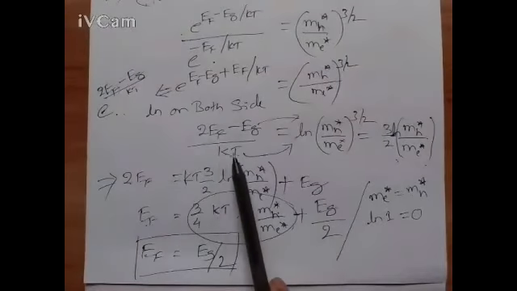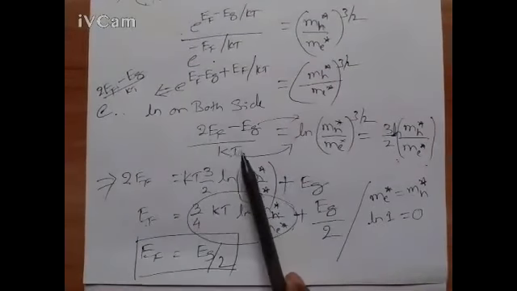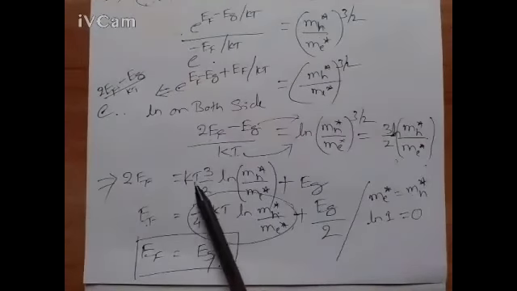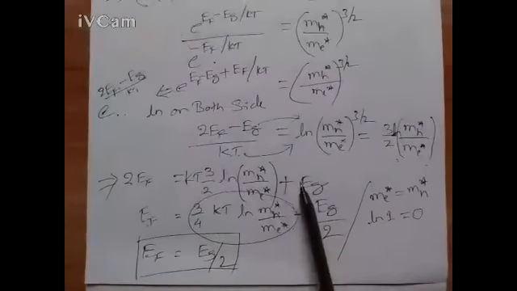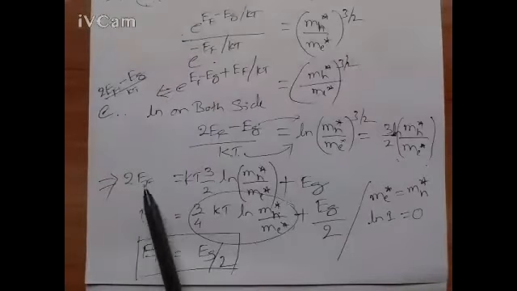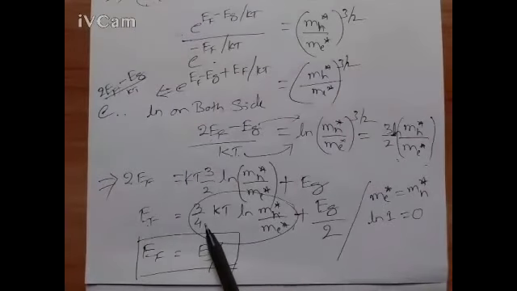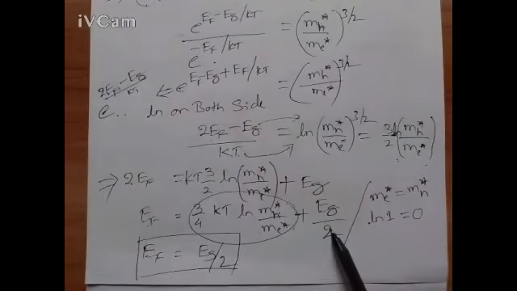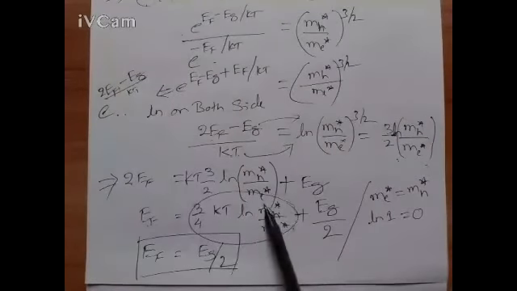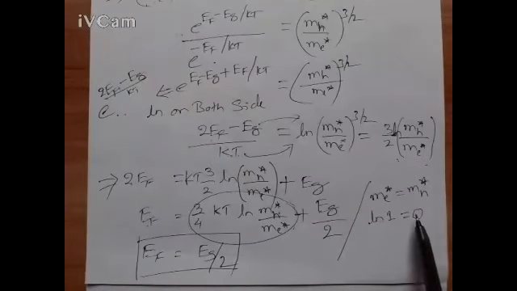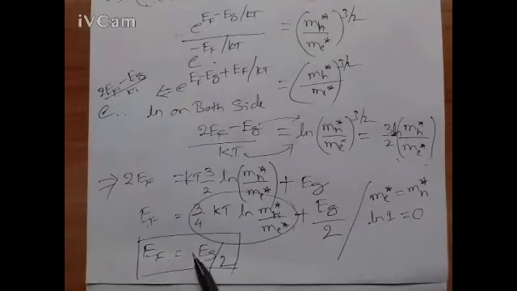First we should take KT to the right hand side, and EG to the right hand side. Then 2 again I'll take to the right hand side, it will be 4, here it will be 2. So this whole term will become 0 because ln 1 is equal to 0. Ultimately, what I get is the thing which we have proved.